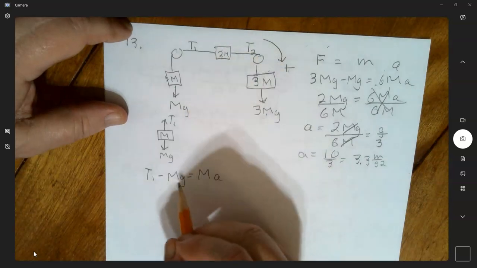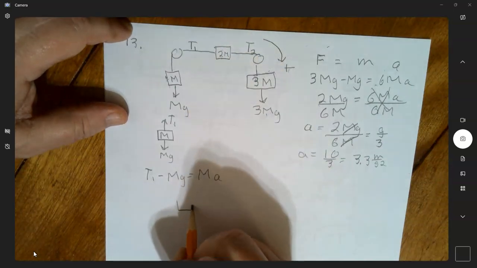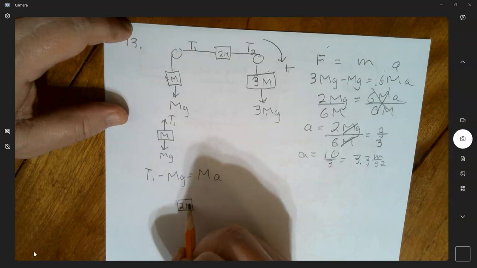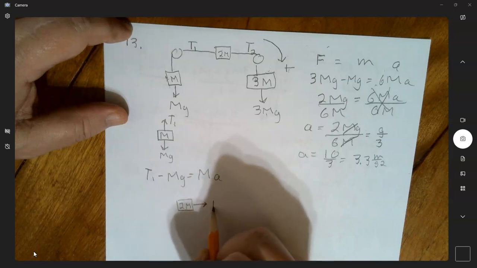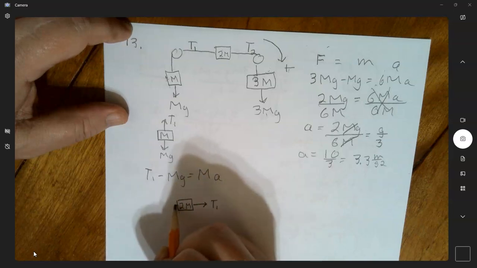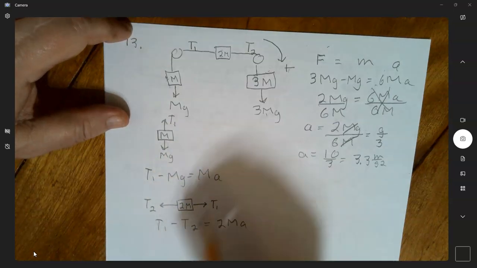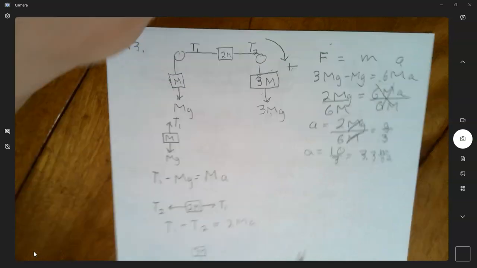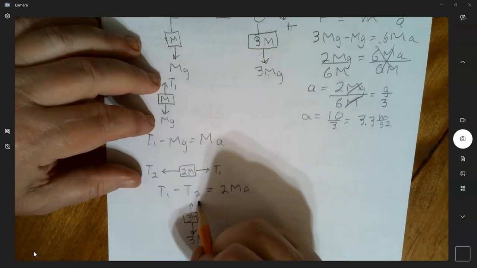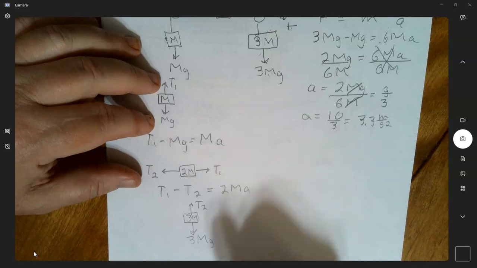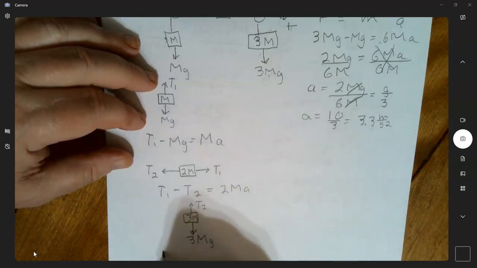Come down here, we'll draw this one. T1's in the positive direction, T2 is pulling it in the negative direction. And then finally this one. This is T2 pulling up on this. So that gives us the third equation.